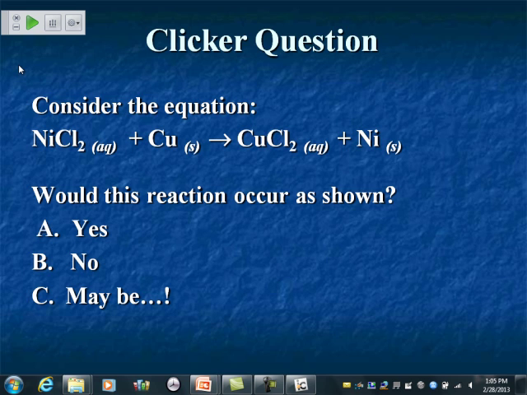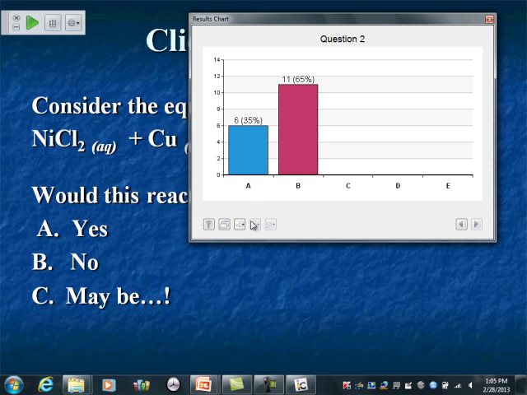The free metal should be on the top, then only can it displace something from solution. So if copper was on top of nickel in the series, then yes, this reaction would happen. But in the activity series, where is copper? Is it above nickel or below nickel? It is below nickel. So can it displace nickel from solution? It cannot. Therefore, this reaction will not happen as shown.